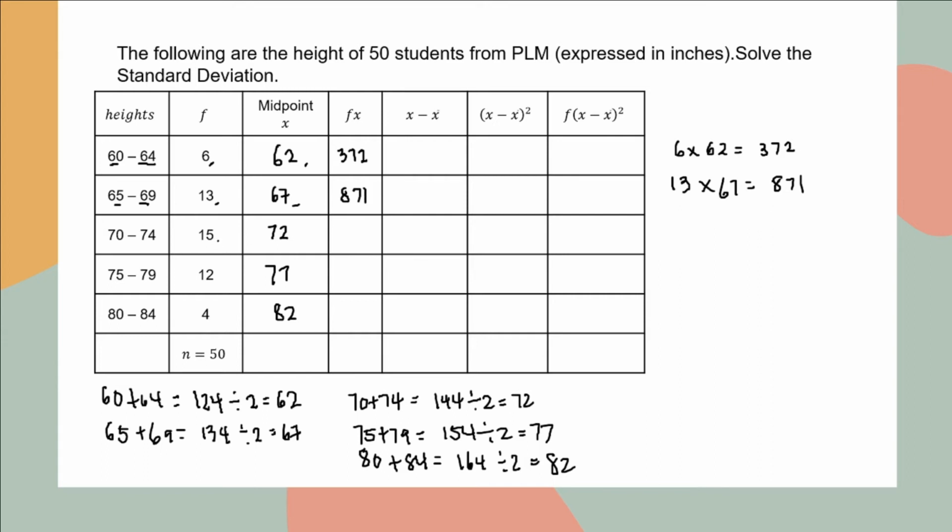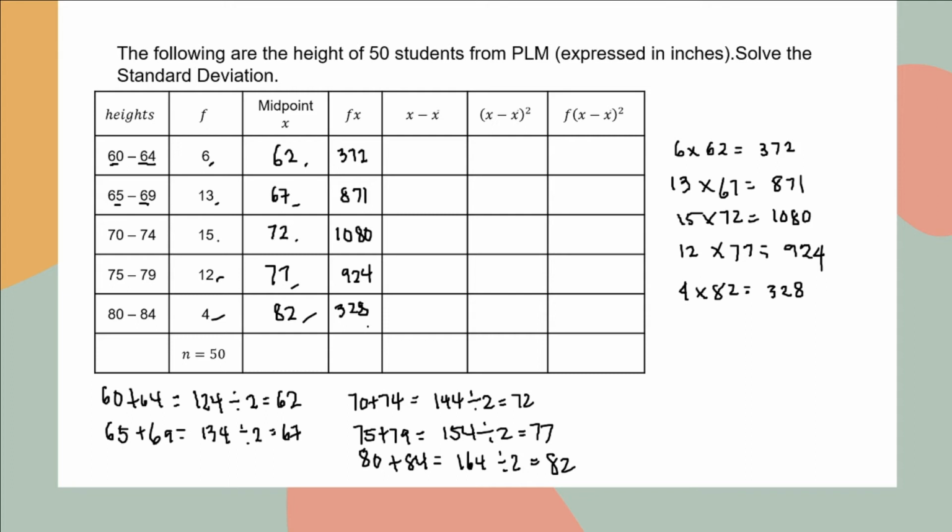Next is 15 times 72, we have 1080. Next is 12 times 77, we have 924. Next is 4 times 82. The answer is 328.